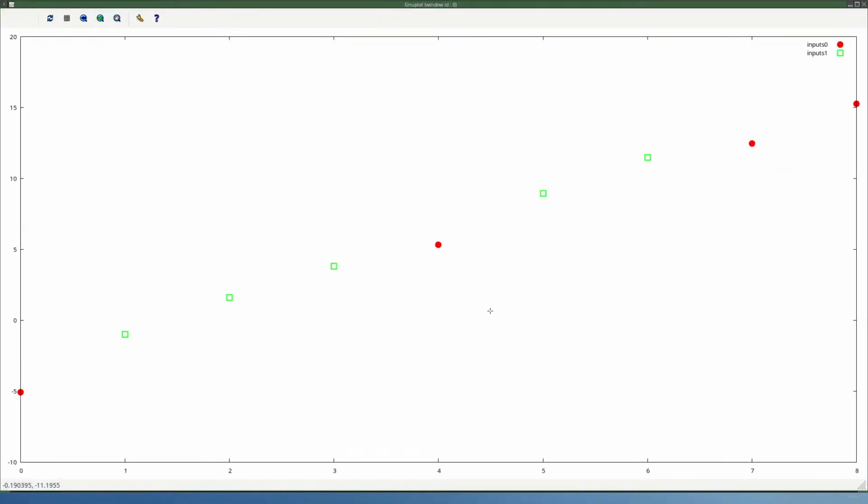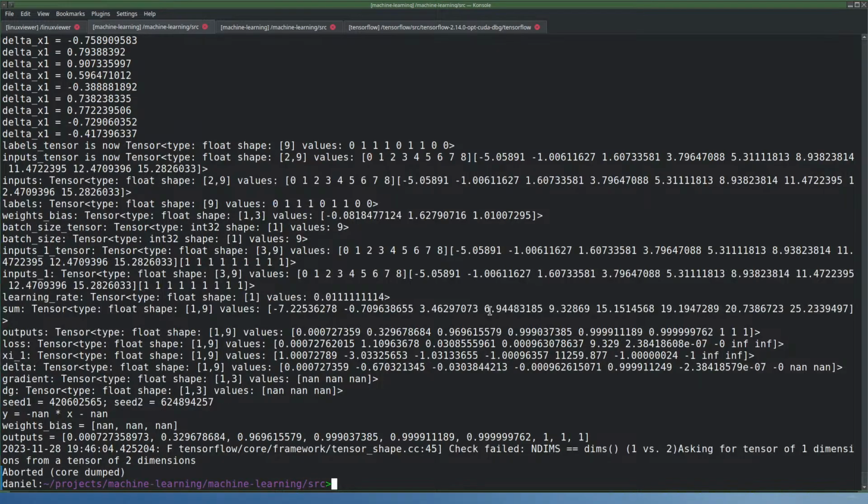Crash. Totally crashed. Oh wait, yeah, it's not too bad. Asking for a tensor of 1 dimension from a tensor of 2 dimensions.